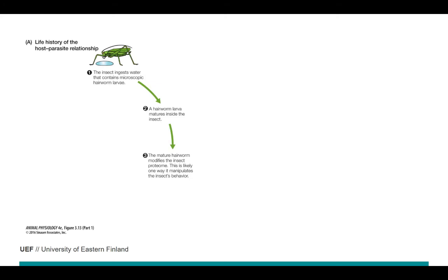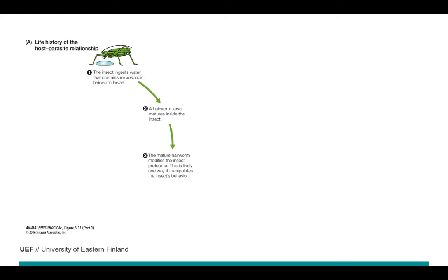Well, let's have another example from the insect world. We have an insect that is having a parasite. It's a parasite hairworm larva that is maturing inside this insect and affecting the proteins that exist in the brain of this insect.